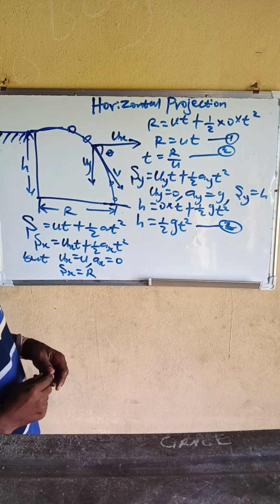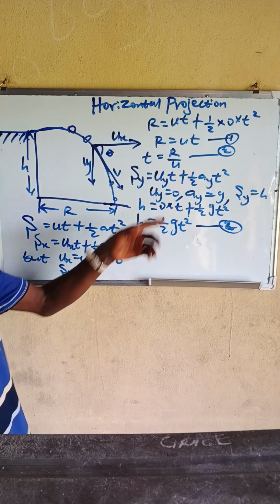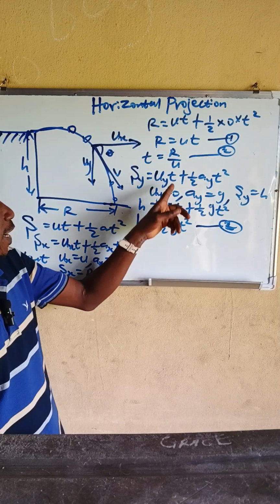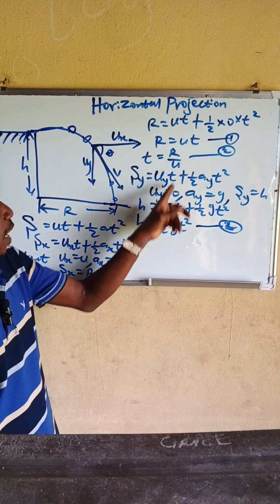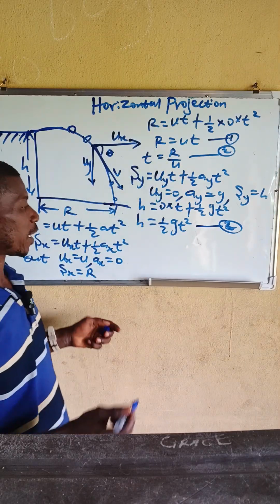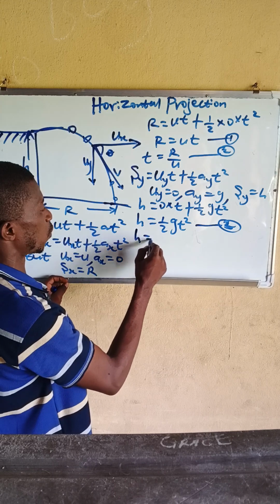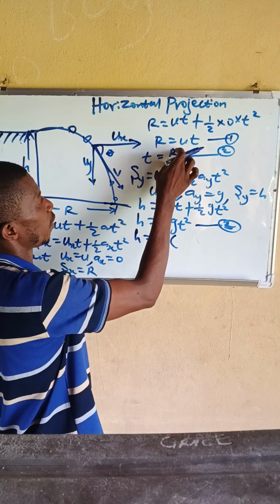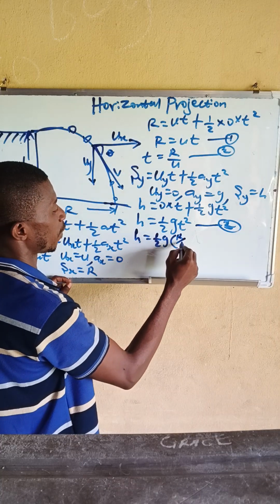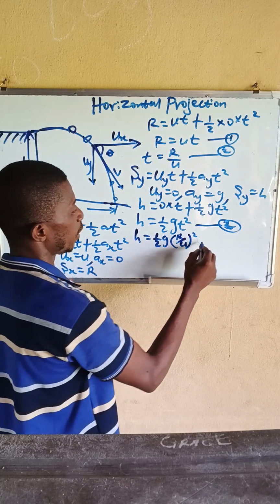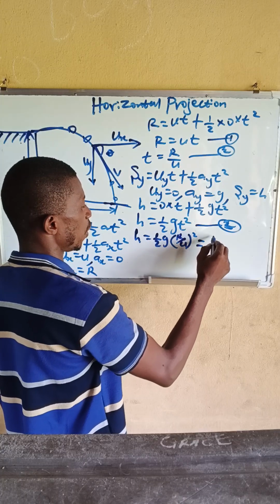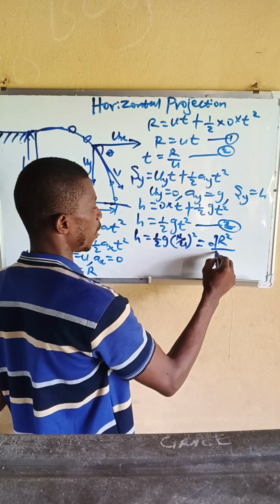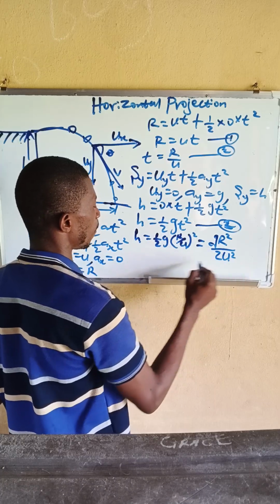Now I want to substitute equation 2 into equation 3, meaning wherever I see this t, I will put the whole of this term. That gives me h equal to half g times r over u all squared. This gives me r squared over 2u squared.